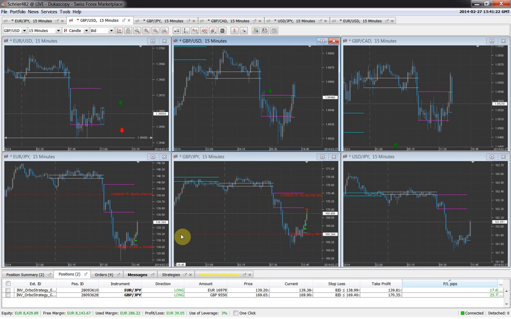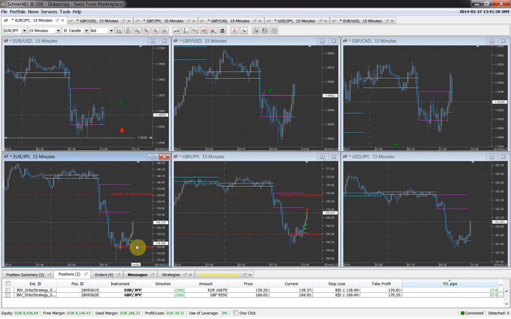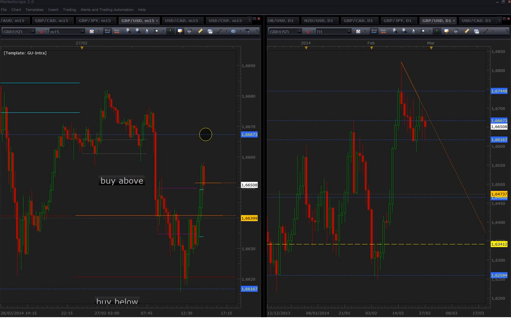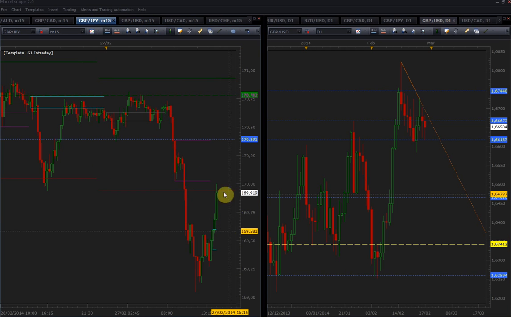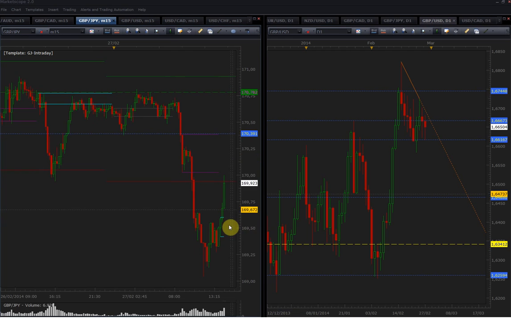So we have two positions in positive, pound yen and euro yen long. We are gonna hold them a little bit, and just wait. You need to let it ride. If it's paying, let it ride till the next support resistance. Okay, let's see what happens here.